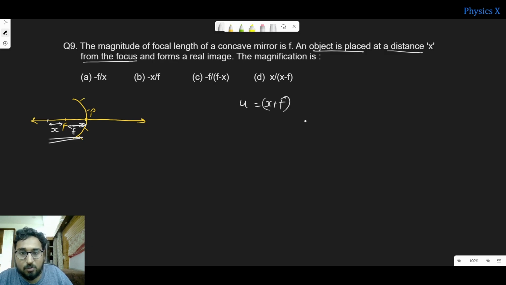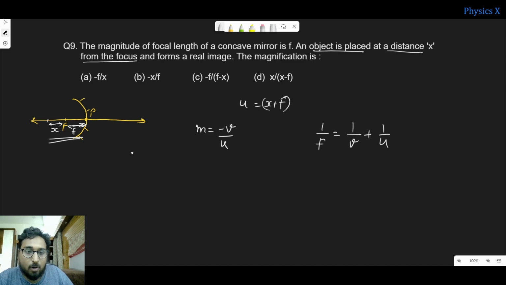First of all, let us write the relation between magnification and object distance. We know that magnification is minus v by u, and 1 by f is equal to 1 by v plus 1 by u.